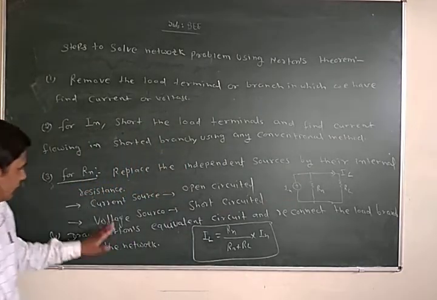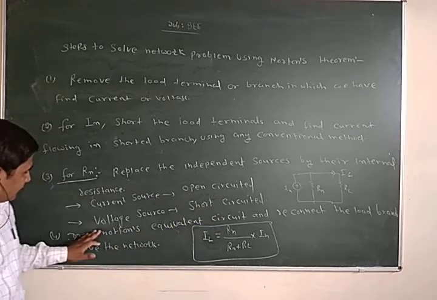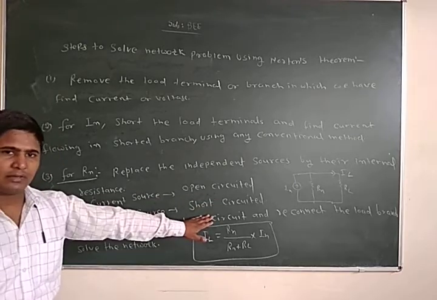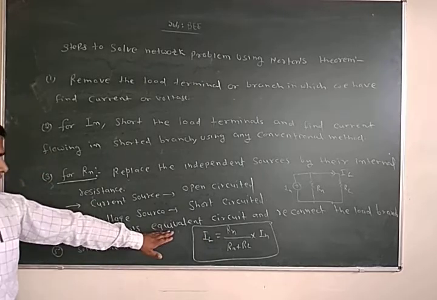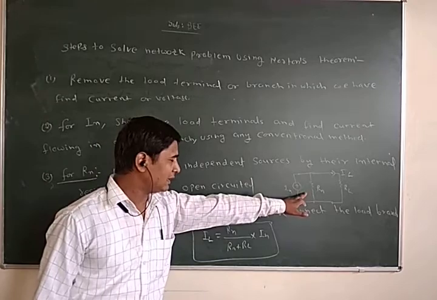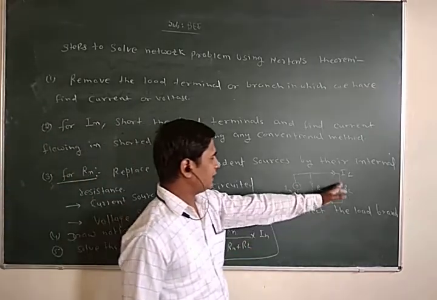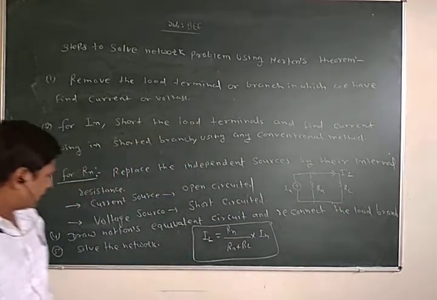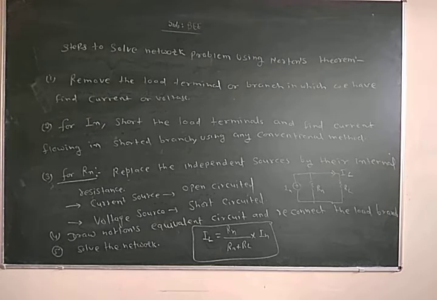If there is a current source in the network, we open its terminals, and if there is a voltage source, we short the terminals. In the fourth step, we draw Norton's equivalent circuit and reconnect the load terminals. And in the last step, we solve the given network. So these are the steps for solving a circuit problem using Norton's theorem.